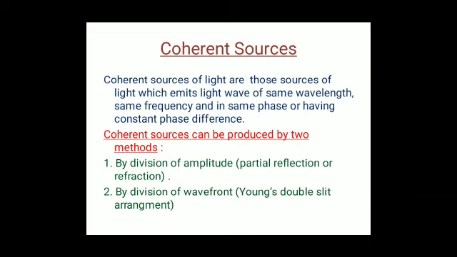To produce coherent sources of light, we have to produce two sources using the same source of light, either by using reflection or refraction, that is the division of amplitude method, or by making slits or holes in an opaque surface in front of the main source, which is known as division of wavefront, that we will discuss later in Young's double slit experiment.